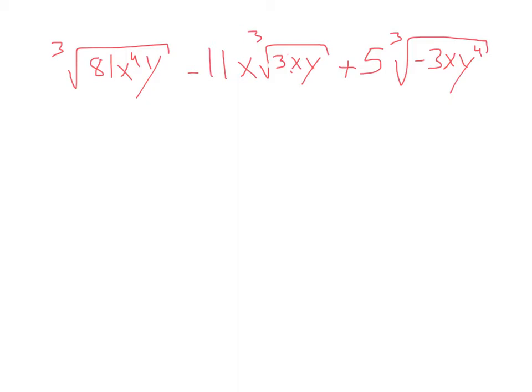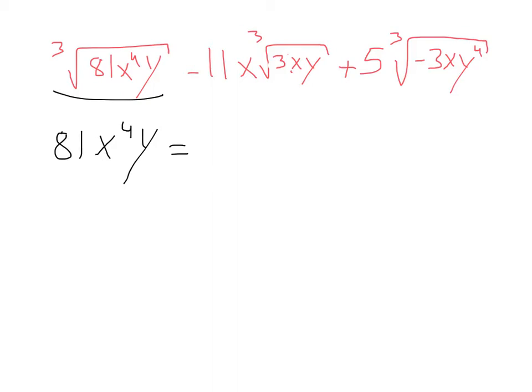And then we're going to factor. We're going to find the factors that are perfect cubes. Let's start with the first one here, step by step. So let's start with 81x to the 4th power times y, right? Equals. Now again, we need to find factors that are perfect cubes so we can get rid of the radical.